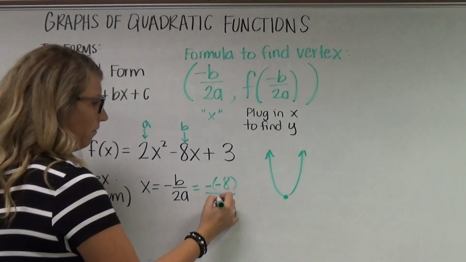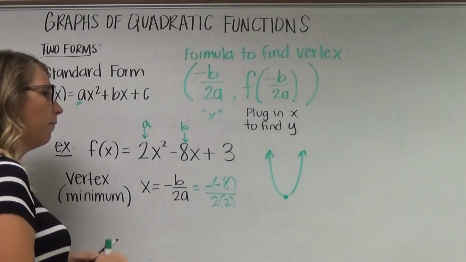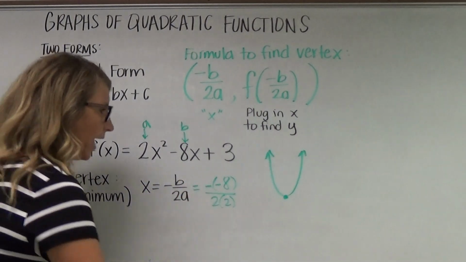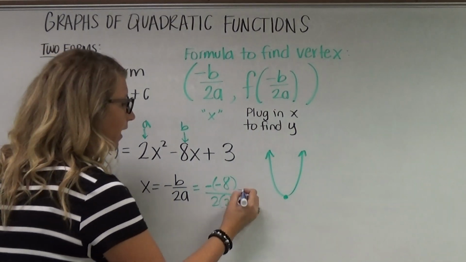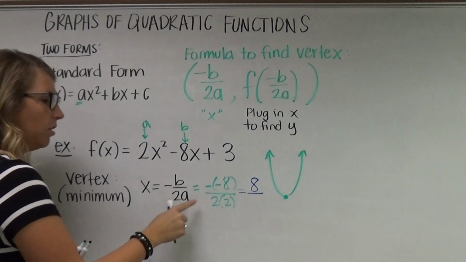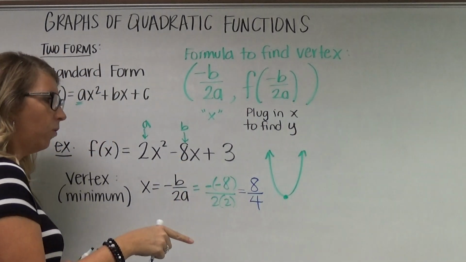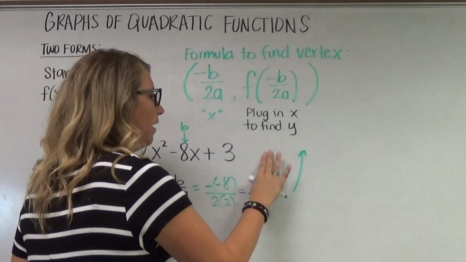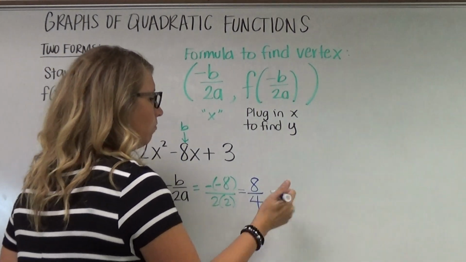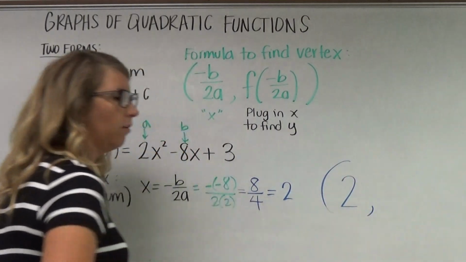It's going to be positive, right? So make sure you watch out for that double negative sign. It does happen. -8 is going to leave +8. 2 times my a, which is 2, becomes 4. So I have 8 divided by 4, which gives me a value of 2. In this vertex, x is 2.